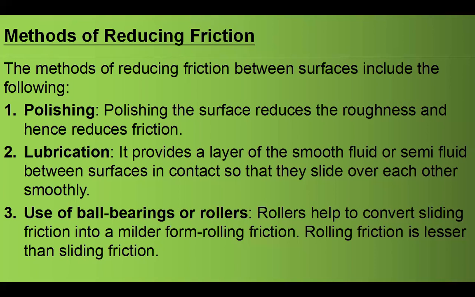The third one is the use of ball bearings or rollers. The rollers help to convert sliding friction into rolling friction, as rolling friction is lesser than sliding friction. This means that the rolling happens in a certain arrangement, so the surface in contact is made into a clear path, and it becomes smooth.